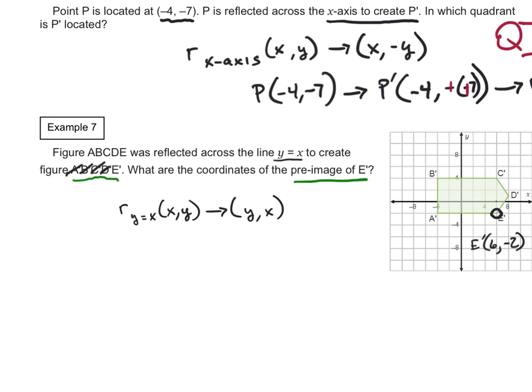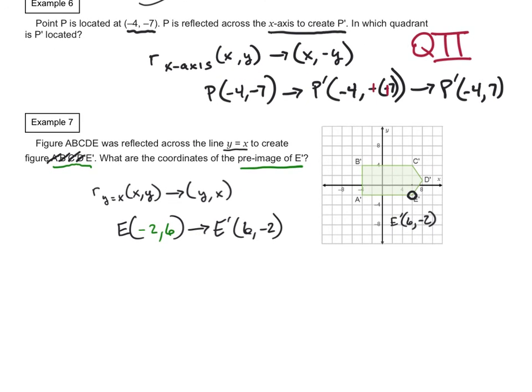So if I'm looking for the pre-image, and the E prime image is going to be 6, negative 2, well, this is my old x value, okay? So I'm just going to bring it over here, and my values switch. So this becomes negative 2, 6.